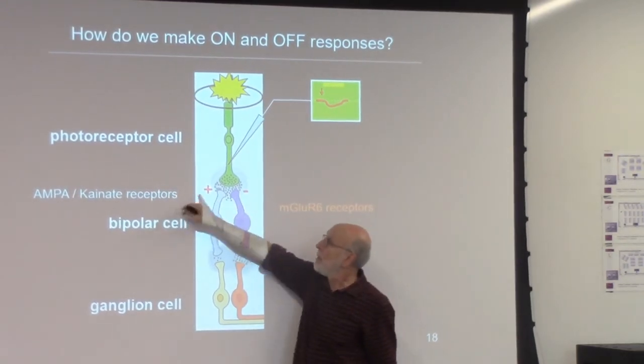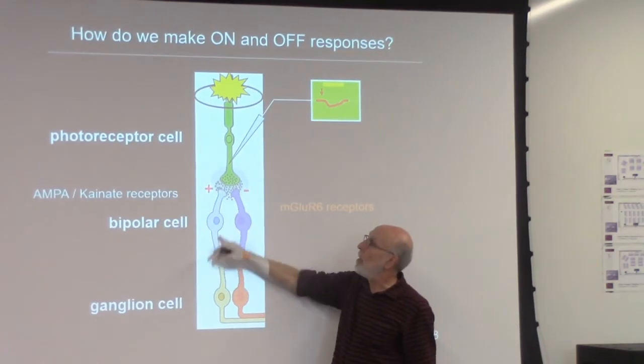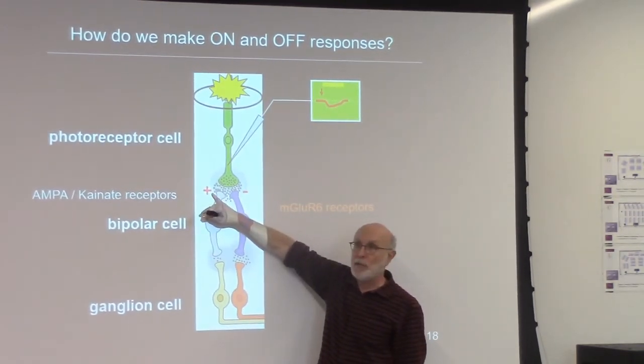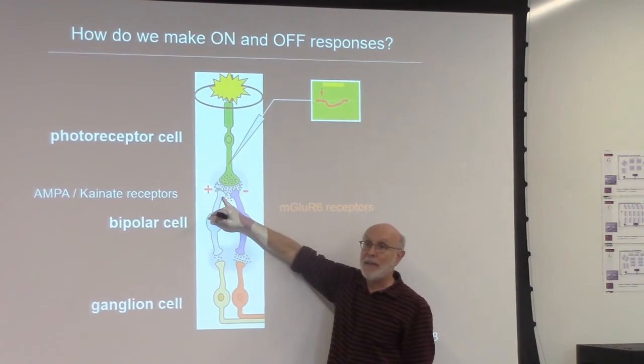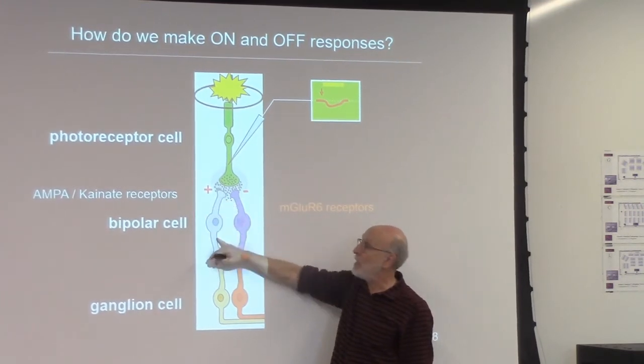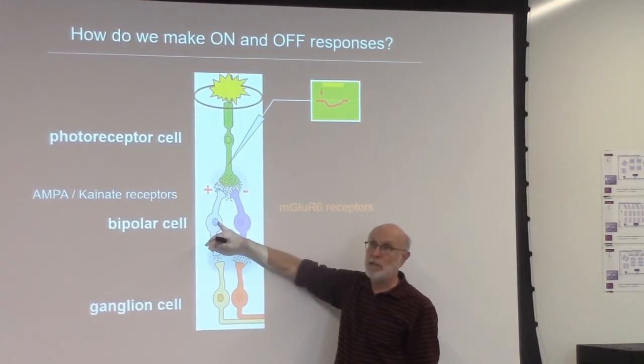So on this type of bipolar cell, there are AMPA glutamate receptors that activate this neuron, depolarizing it.